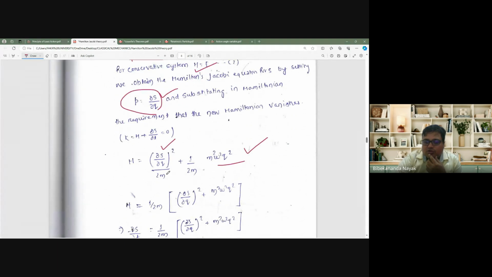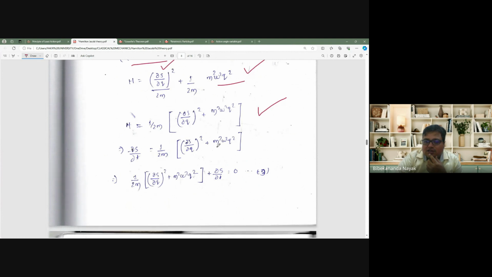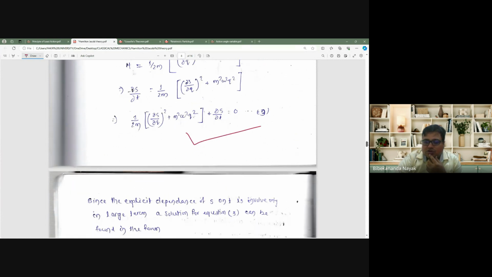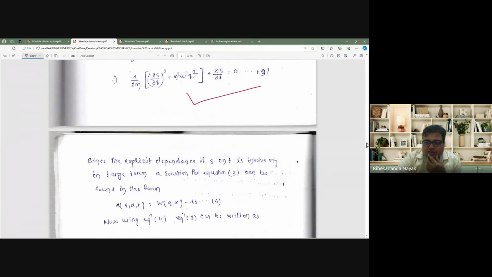Taking 1 by 2m common, we write this as the equation for h. But h is equal to how much? Minus del s by del t. From this equation, h is equal to minus del s by del t, so this plus del s by del t is equal to 0. Since the explicit dependence of s on t is only in the last term, a solution can be written with alpha t.